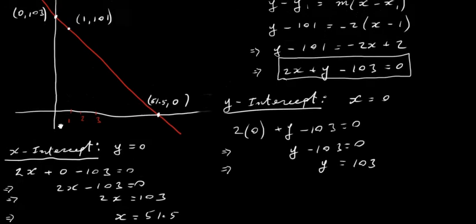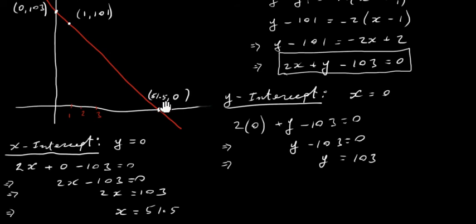So I now have the x and the y-intercept. So I know that my x's will be numbers less than 51.5 down to 0, and my y's will be from 103 down to 0, or at least just above zero in both cases. So I need positive whole numbers for x's and y's. Well, if I work my way down along the x-axis, the next whole number less than 51.5 is 51.